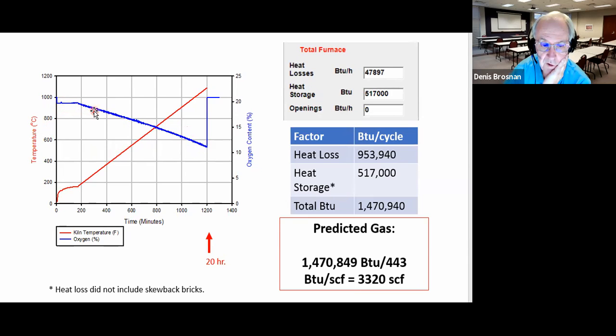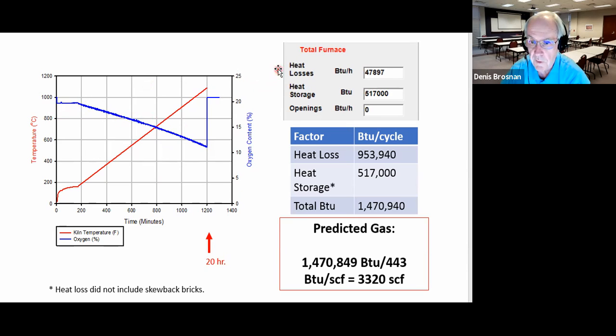And as we continued firing, the oxygen concentration went down toward 10% or thereabouts when we got up to the peak temperature in 20 hours. But we never got down to 2%, which we would expect with on ratio combustion. So we learned from this that our kiln used a lot of excess air in the preheat portion of the cycle.